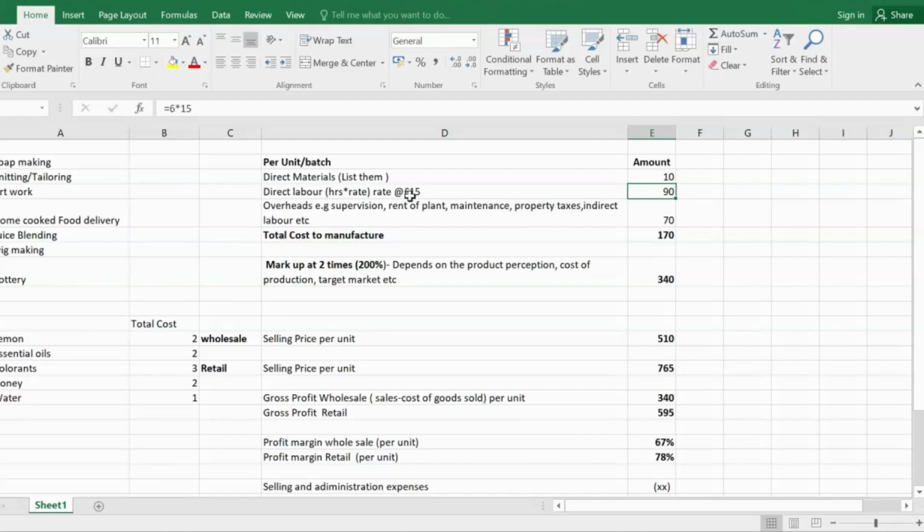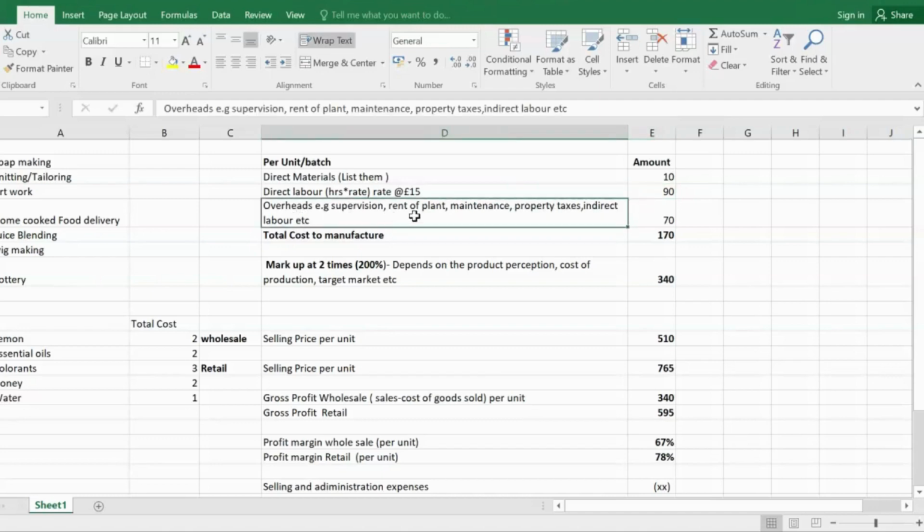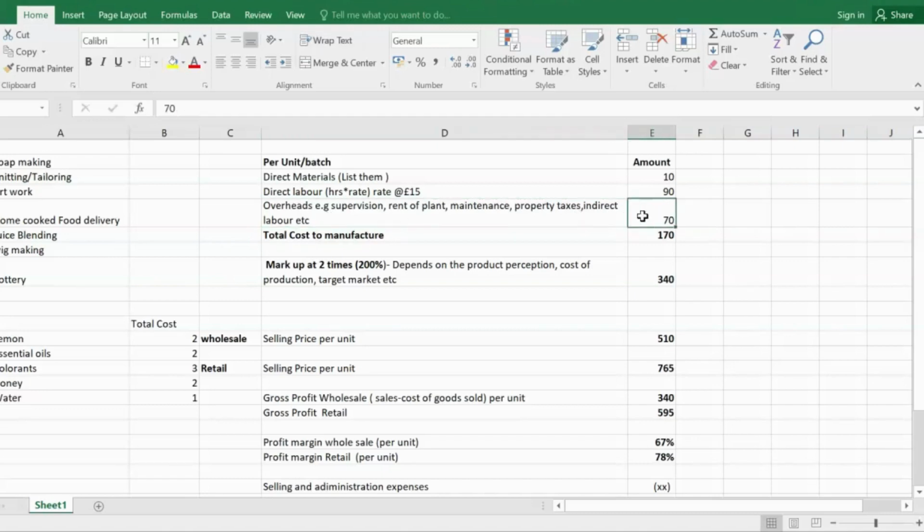So something like supervision of the work done, rent of the plant where you're producing your soaps or doing your artwork, maintenance of that place, maintenance of those machines, property taxes, indirect labor such as janitors or any painters who came in to just lift the place up. Those things are overheads. Set the cost for that.